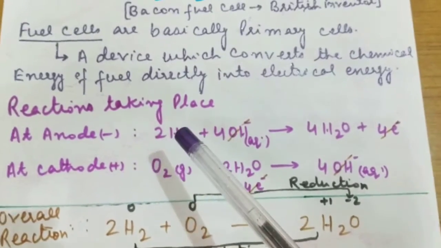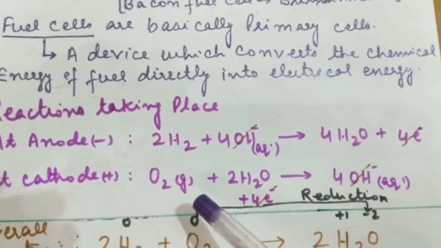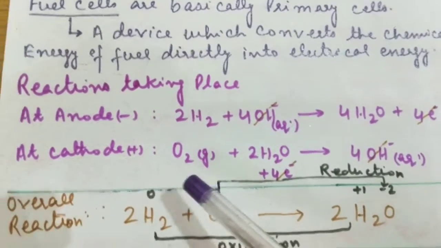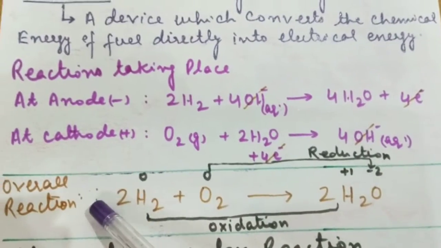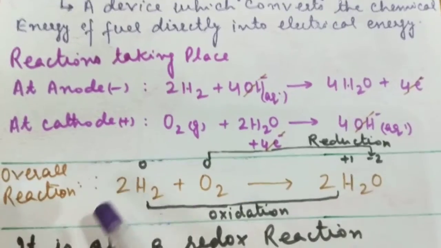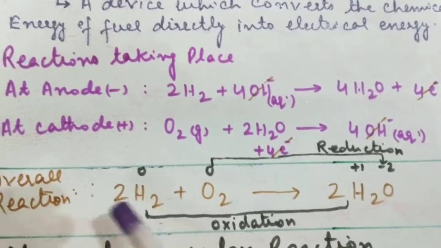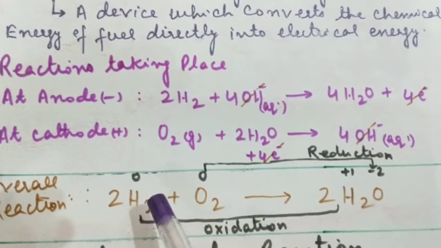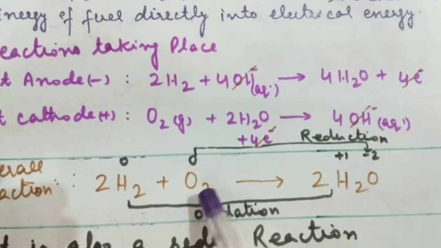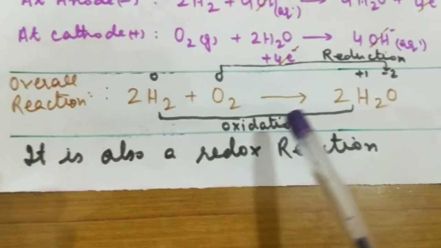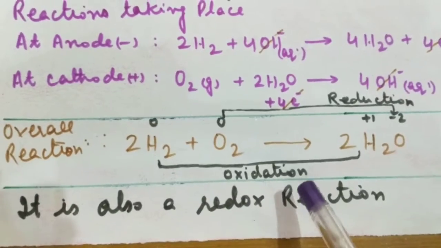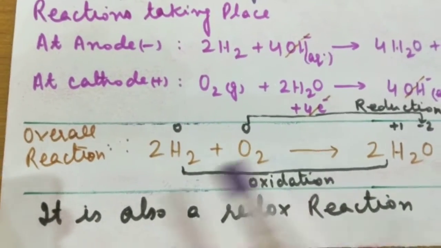Now as there is oxidation and reduction taking place, this reaction is a redox reaction. The overall reaction in a fuel cell is hydrogen reacting with oxygen to produce water, and this is a redox type of reaction.